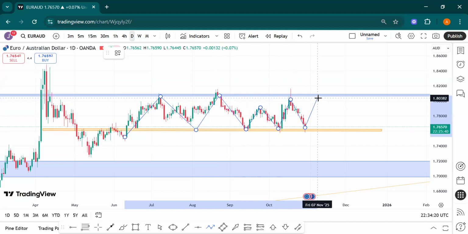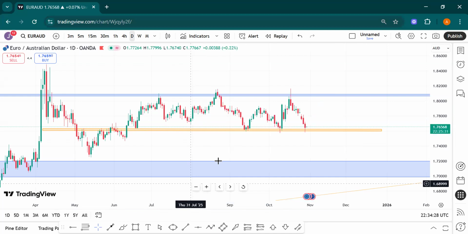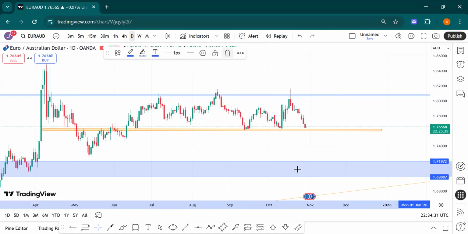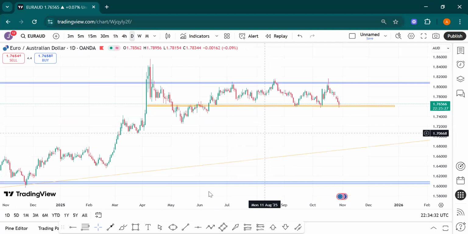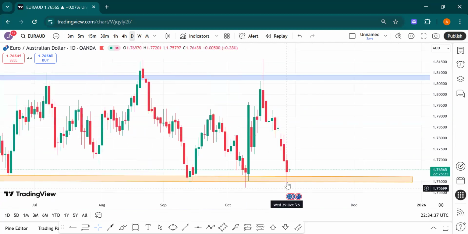So all we need to do is look at what we think would likely happen. If I take this out, we'll have to observe the candlesticks closely. Let me take this out because we are dealing with this area. Now, if we observe the candlesticks closely, we can see that there's already a strong rejection from the zone on the daily time frame.